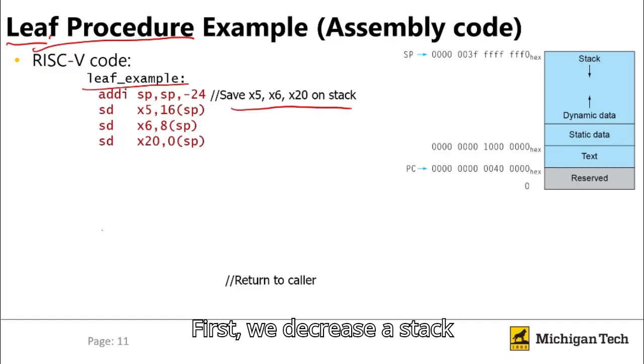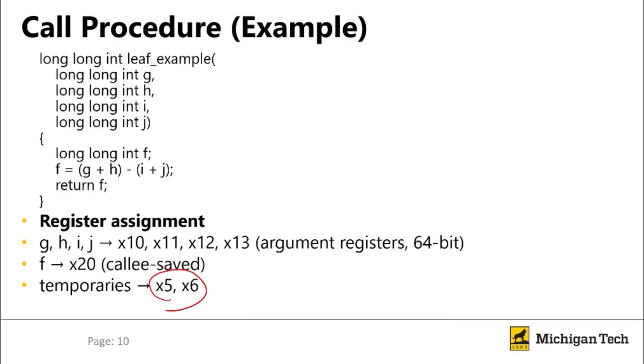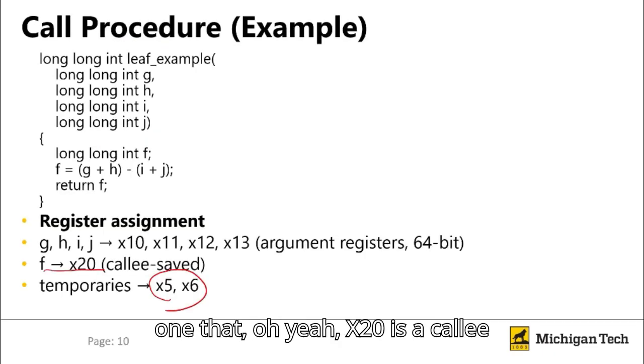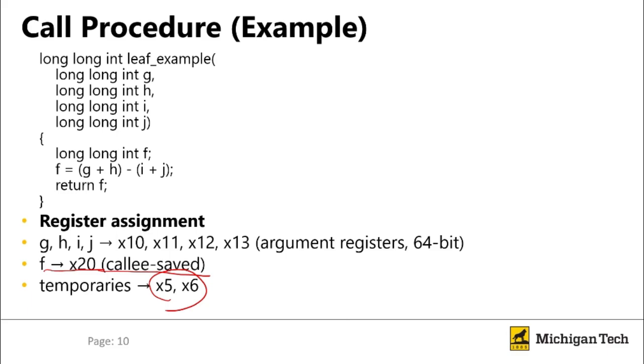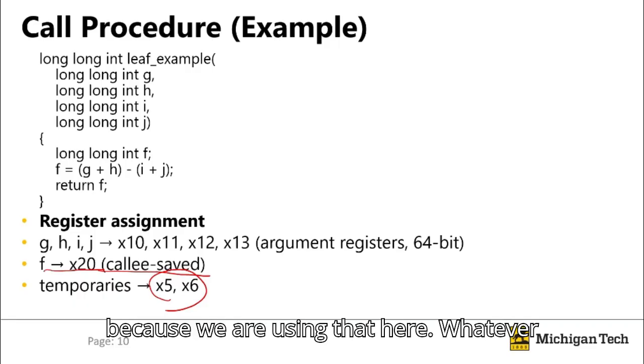Okay, so we save them. First, we decrease the stack pointer, and then save with store data x5, x6, and x20. What was x20? Oh yeah, x20 is callee saved. Because x20 is another one that the caller might use, we need to save that because we are using it here.